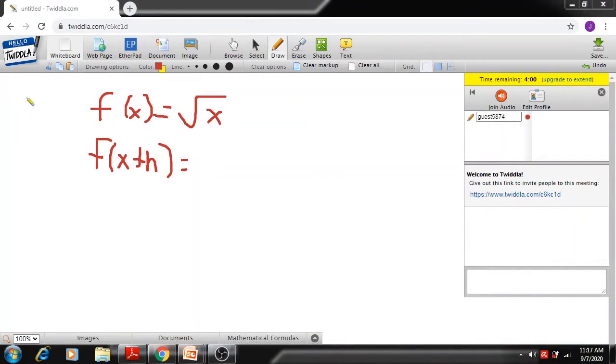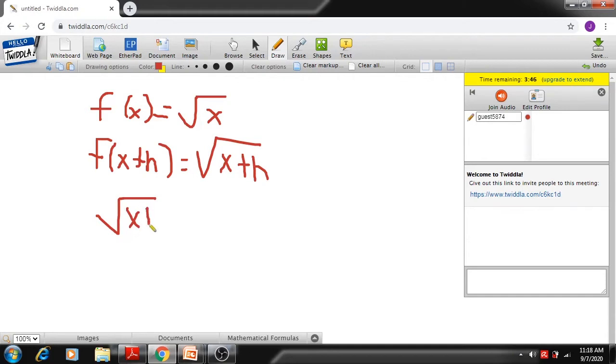Anyway, I digress. So f of x plus h is square root of x plus h. So what's next? We substitute it. So square root of x plus h minus square root of x over h.